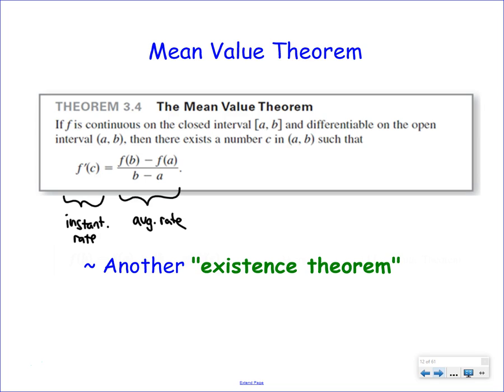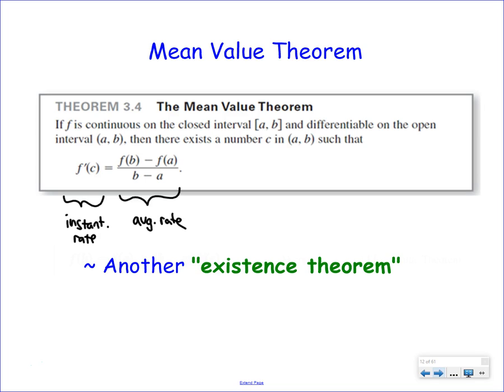What are the other existence theorems? IVT, there must be a y value for a continuous function in between the endpoint values. Rolle's, which is just a specific MVT, right? Where f of a happens to equal f of b. EVT, there must exist an absolute max and an absolute min for a continuous function on a closed interval.